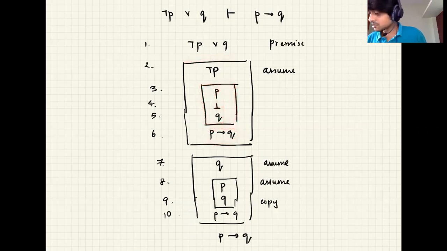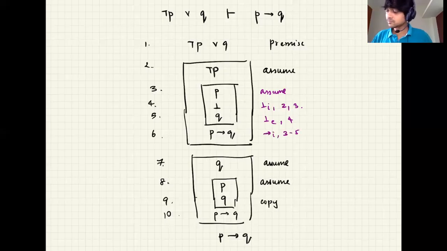So here this is assumption, and this is by using bot introduction on 2 and 3. And this is bot elimination on 4. And this is the implies introduction from 3 to 5. Is that clear? Yeah, it is. Thank you.